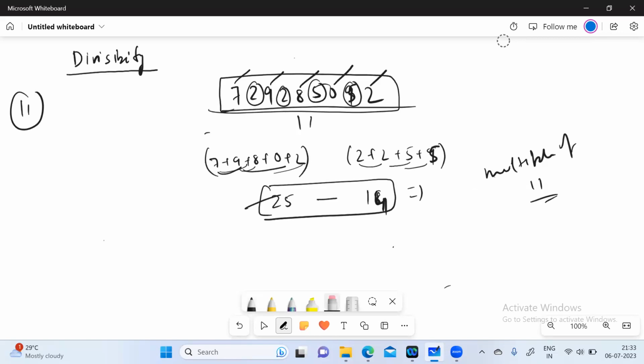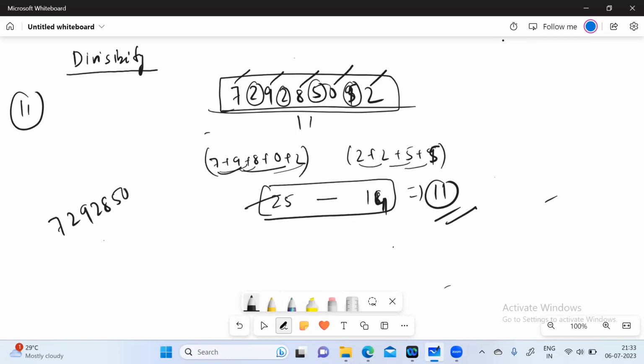And what we find here is the difference is 11, which is of course a multiple of 11. So now this number, 729285052, will get divided by 11. You can check it by dividing with a calculator.